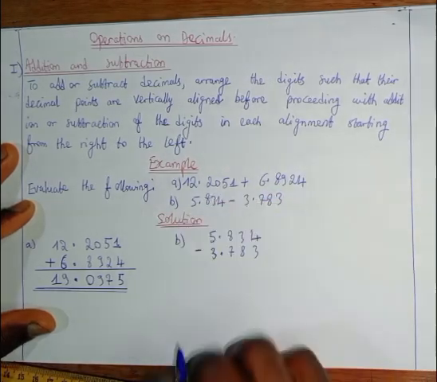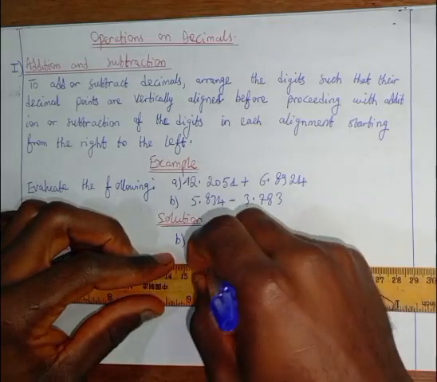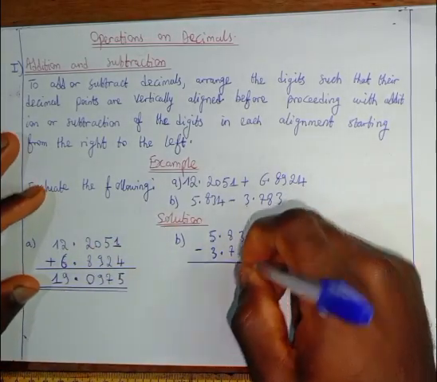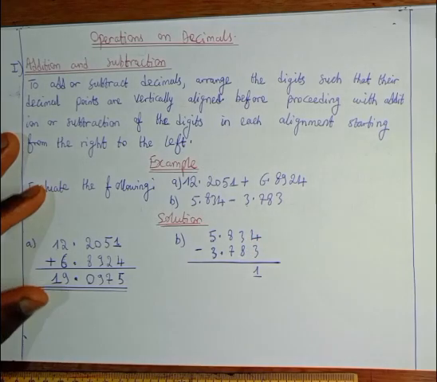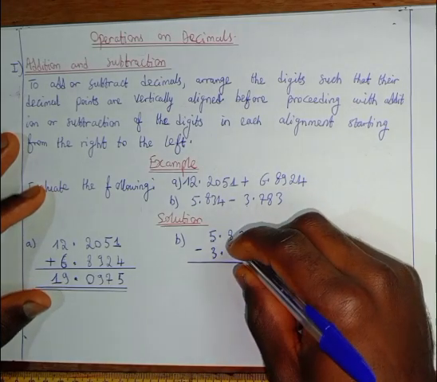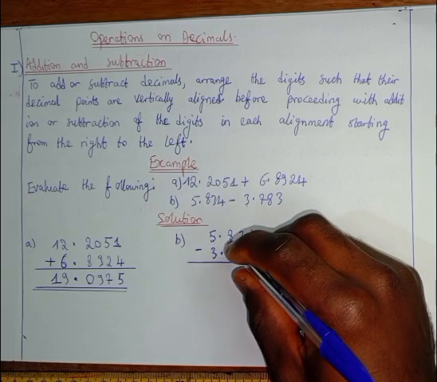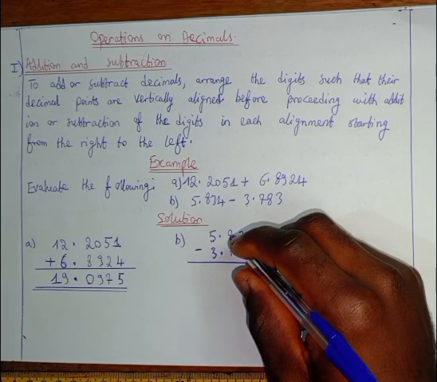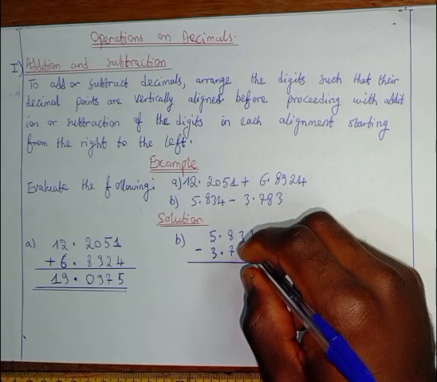Then we subtract. 4 minus 3 gives us 1. Here 3 is less than 8. We are going to move to the next higher place value. We take a 1 from this 8, which represents 10. We add the 10 to this 3.